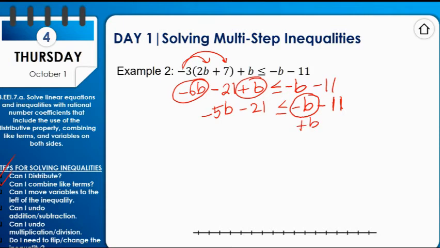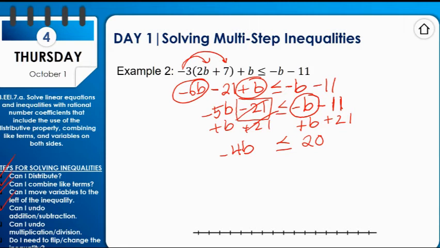In order to move a negative, I add b to both sides. -5b plus b is -4b. Can I undo addition or subtraction? I have a -21. In order to get rid of -21, I add 21 to both sides. Cancel. -11 plus 21 becomes +10.